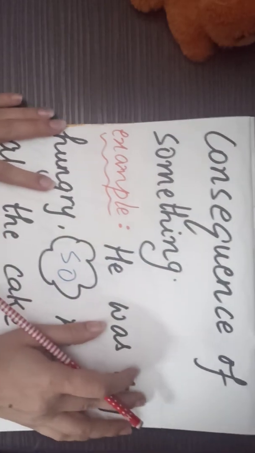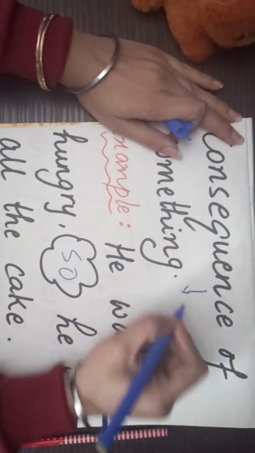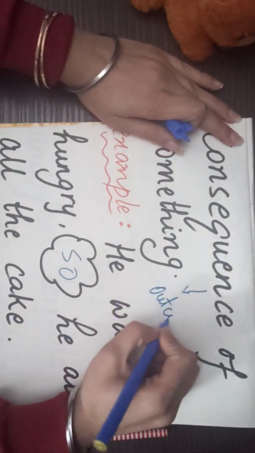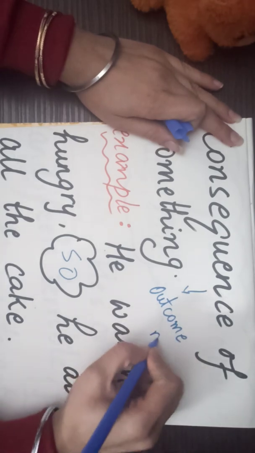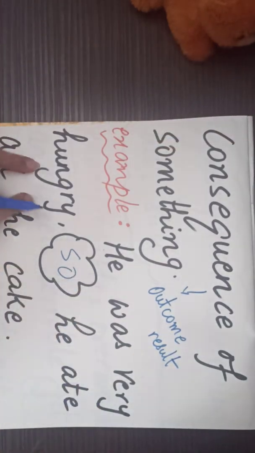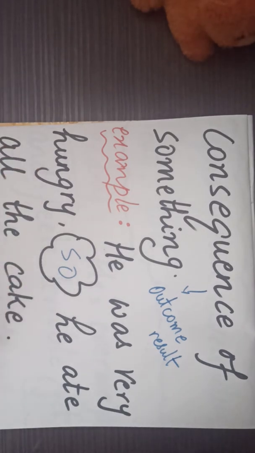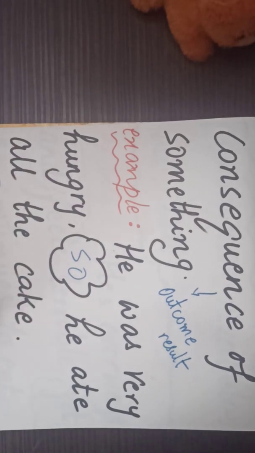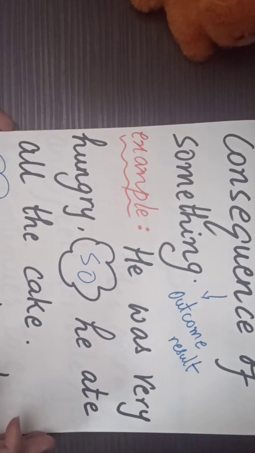So consequence means what is the outcome? What is the result? He was very hungry. What is the outcome? He ate all the cake. He was very hungry, so he ate all the cake.